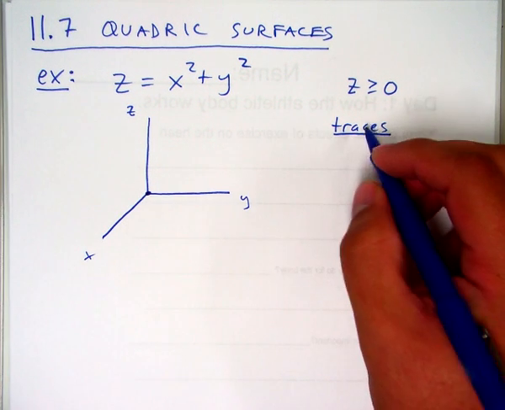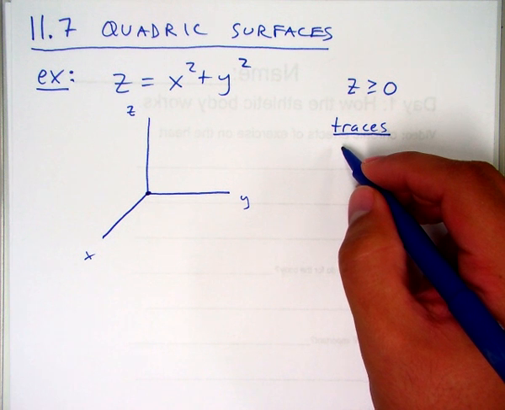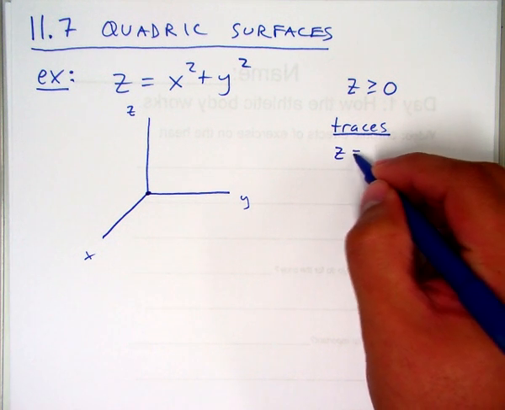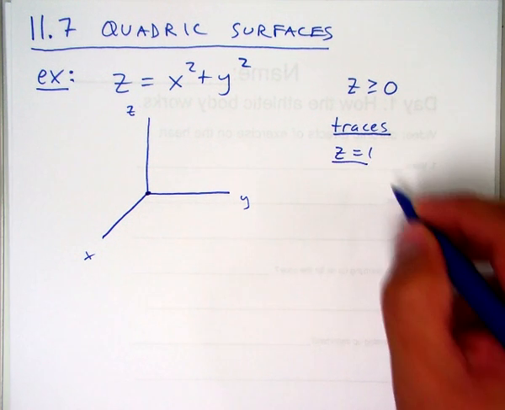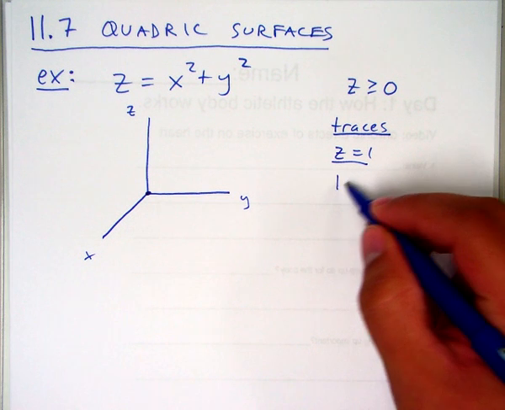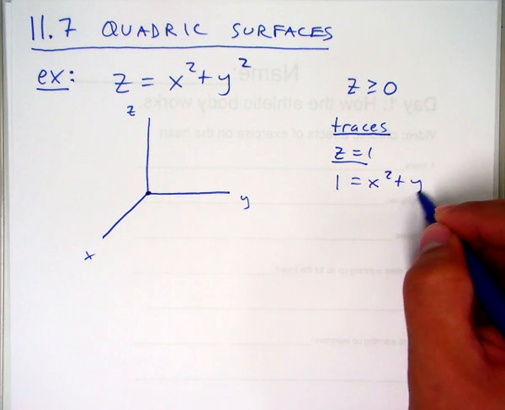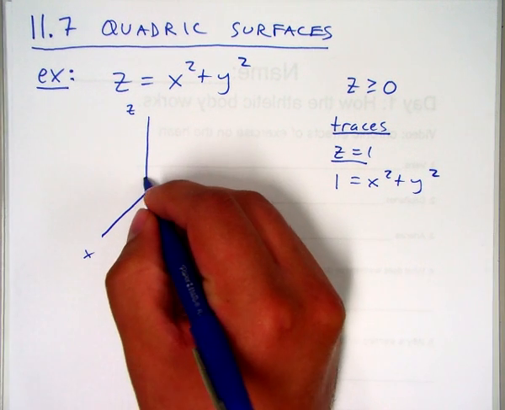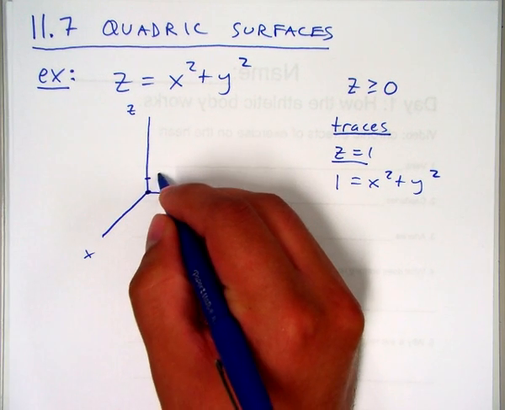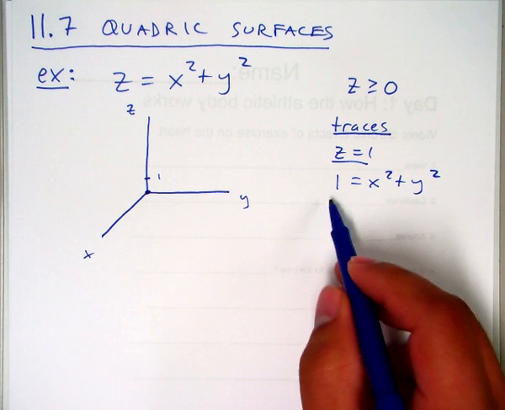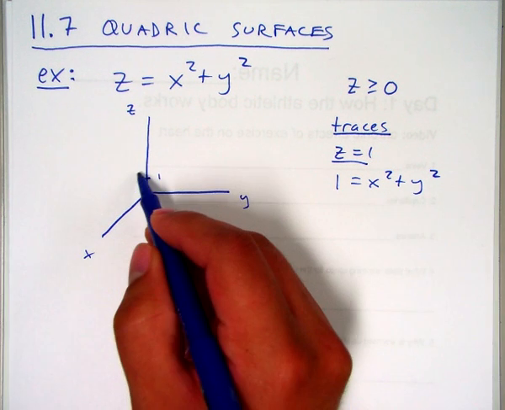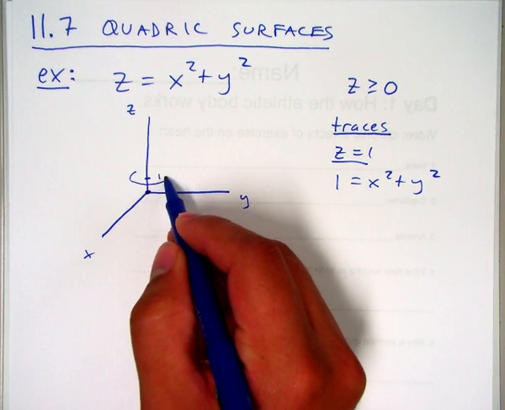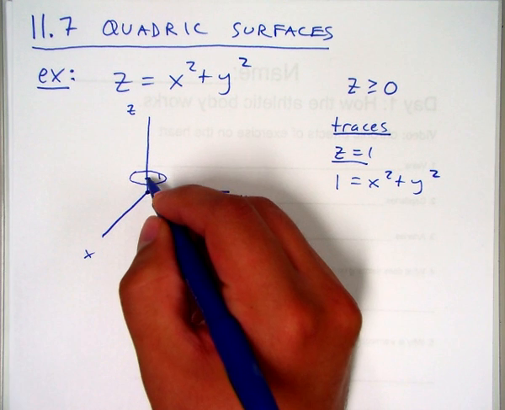But if I did something like z equals 1, now the equation turns into 1 equals x squared plus y squared, which is the equation of a what? Okay, so if I go up 1 unit, where z is 1, now essentially I have a unit circle centered around that position.